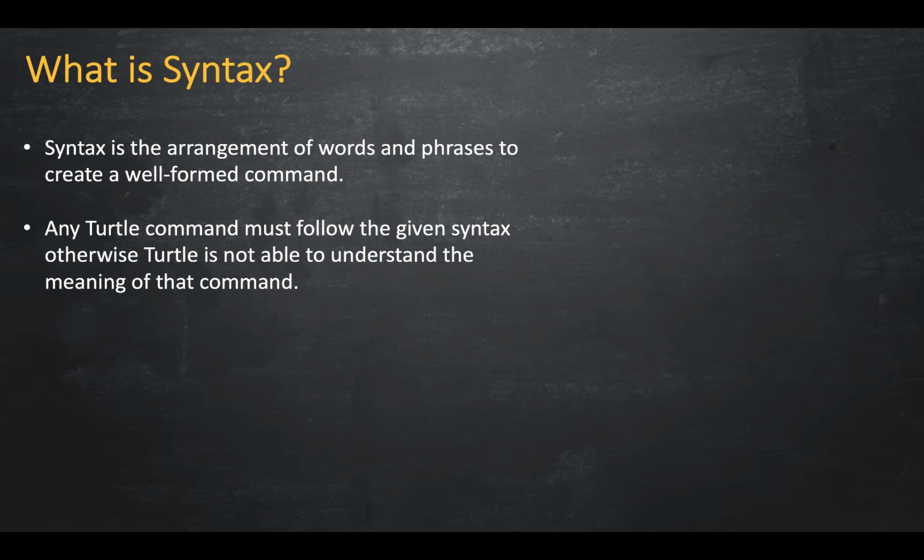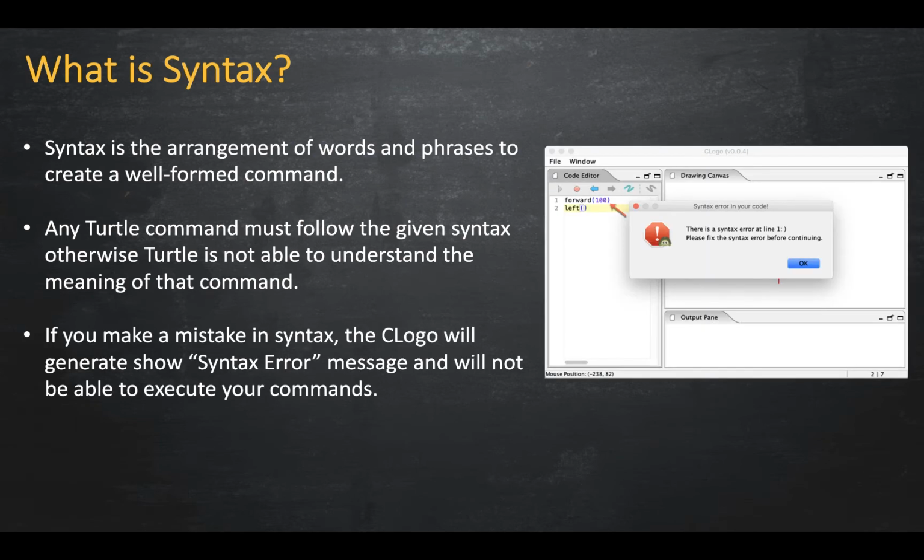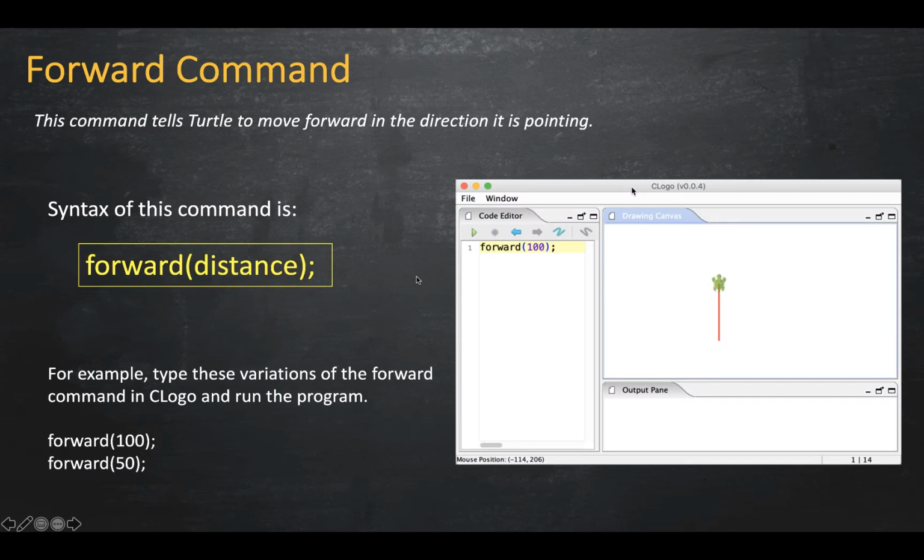If you try to run a command with incorrect syntax, it would result in what we call a syntax error. For example, if you miss a bracket, or if you miss the number of steps in between, or if your syntax is not as shown here, then it will result in an error, or syntax error.